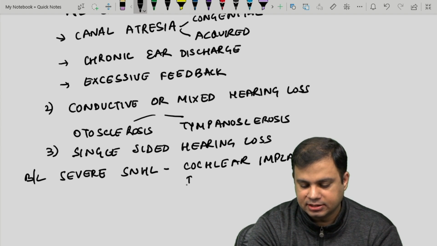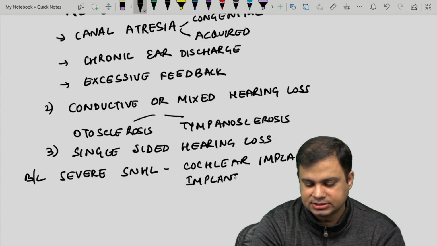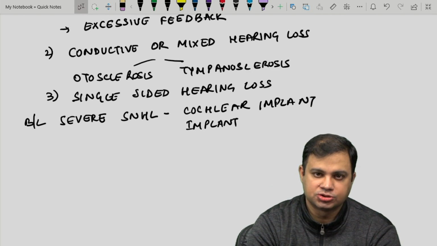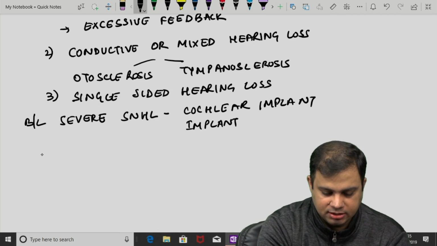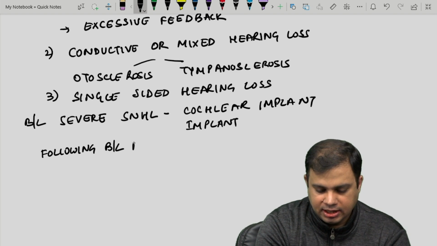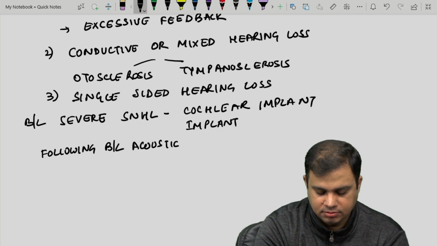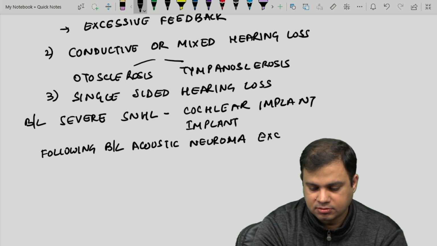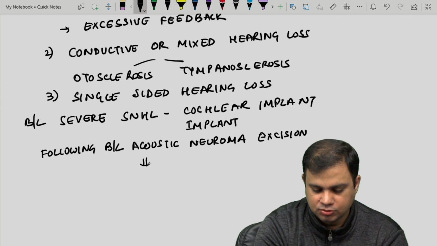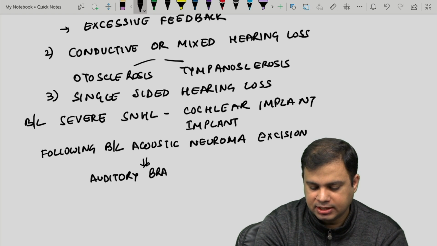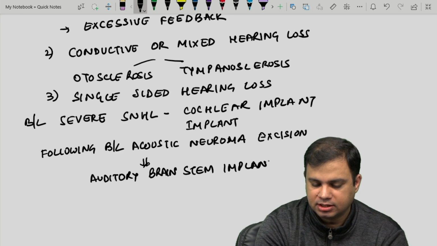So, a cochlear implant is used in such conditions, and as I have told you, if the patient has undergone bilateral acoustic neuroma excision, we use an auditory brainstem implant, we do not use BAHA.